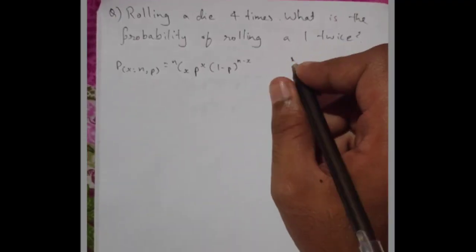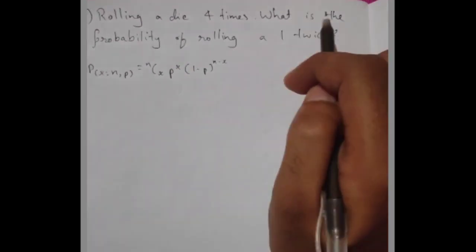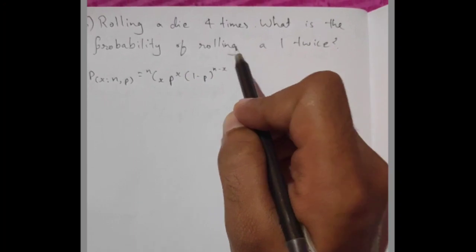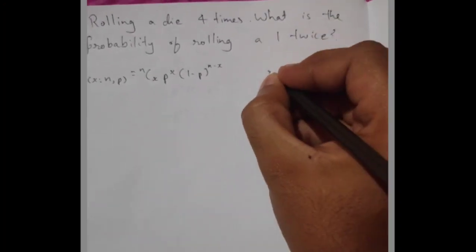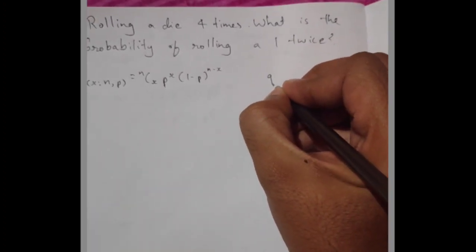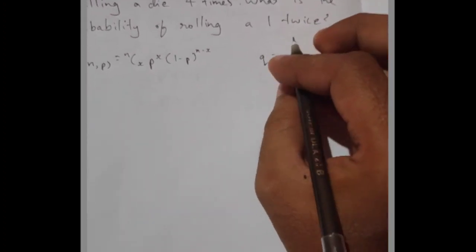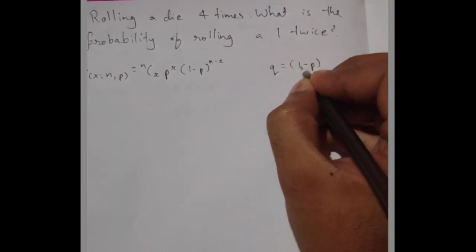Let's take a simple question for an example. Rolling a die 4 times, what is the probability of rolling a 1 twice? Here is the equation, and let's give some other notation. Here q is the probability of failure, and it is 1 minus p.